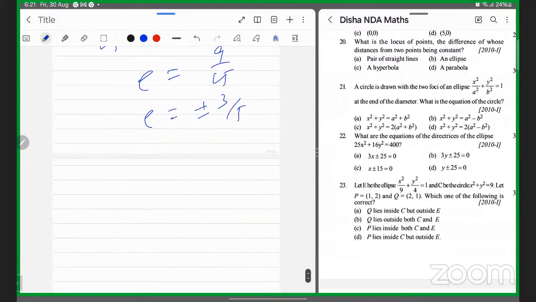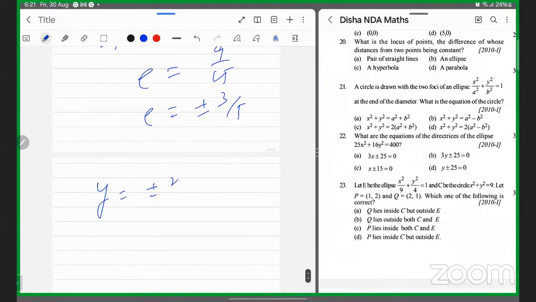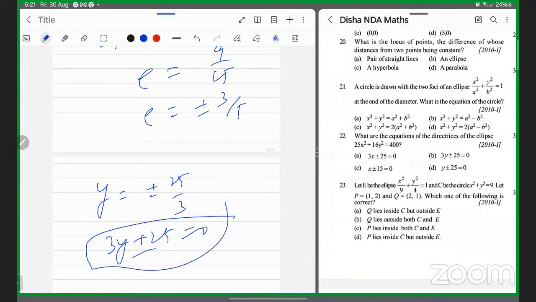Then you get y equal to plus minus 25 by 3, so 3y plus minus 25 equals 0. This is the correct option. So B is the correct option for 22. Understood? Right?